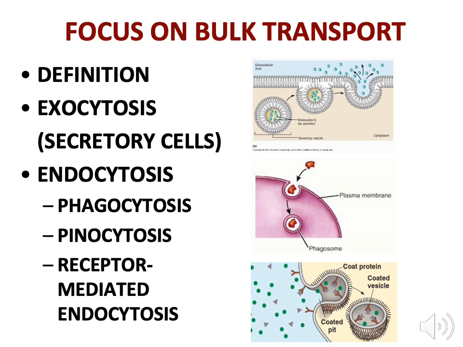If I take a look at our artist's illustration, you'll see what looks like a little letter Y located on the surface of the cell. And those little letters Y are proteins, and they specifically bind molecules in the extracellular fluid. In this case, I see those molecules are those purple triangles. If I go ahead and invaginate, do exactly what I've done the last two times, invaginate that membrane, and bring in those captured molecules on those receptors, I'm specifically targeting those molecules and bringing them into a vesicle.